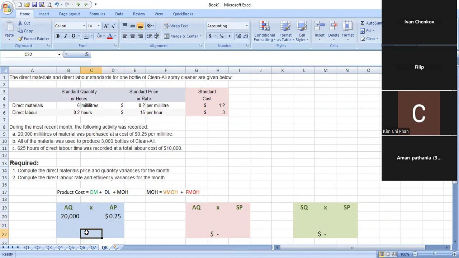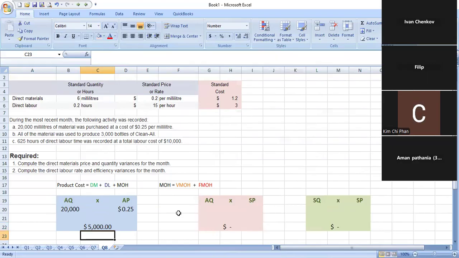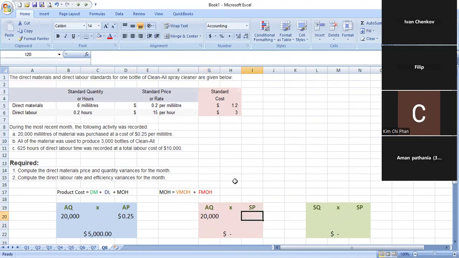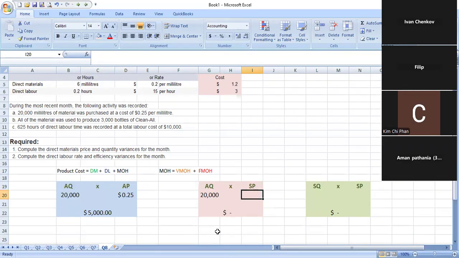So that's going to give us our actual cost, 5,000. Now the actual quantity is going to come from here. Based on our standards, how much are we supposed to pay per milliliter? 20 cents, right? So now you can see you can easily go 1.2. But even if you go with 1.2, you're going to have a huge difference here.